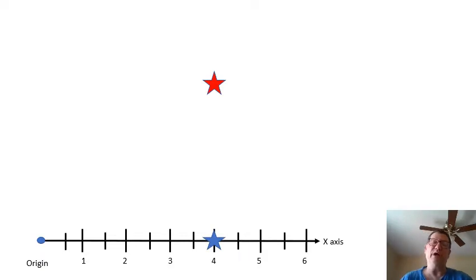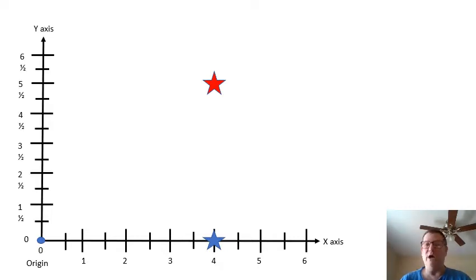Now, this is where we've got to create a plane, a coordinate plane. Okay, it's kind of like a map. If we were trying to identify a city on a map, not everything's going to be on a line. The origin would kind of be like where you're at. Okay, so in order to identify where that red star is at, we need to include a y-axis.